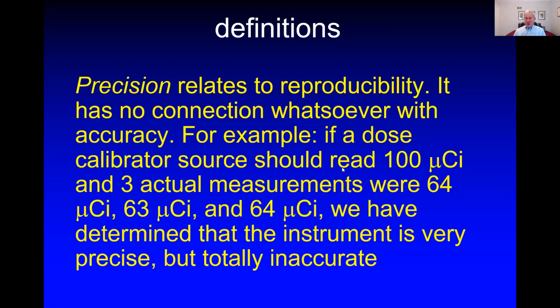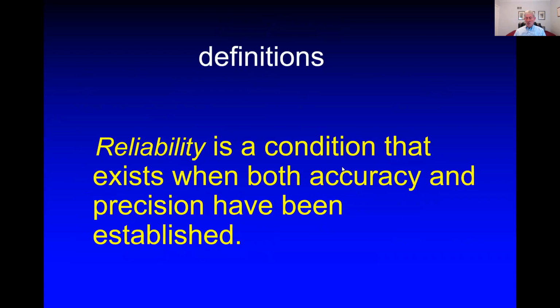And so the final definition is going to be reliability. This is the condition that exists when both accuracy and precision are within some number of limits. For example, all the dose calibrator tests have limits of plus or minus 10%. So a dose calibrator is reliable if the constancy test, that's your precision, is within 10%. And it's also reliable if the accuracy test is within 10%.